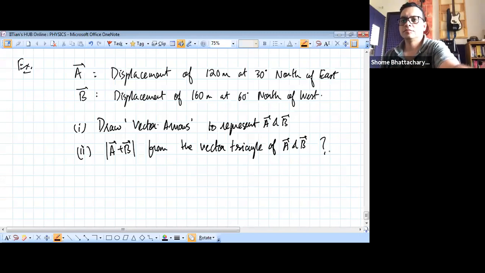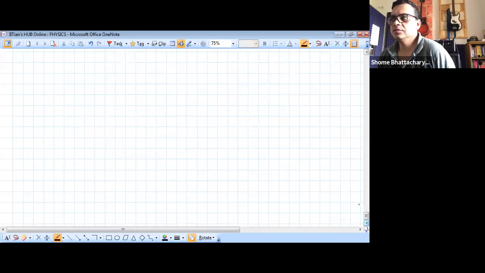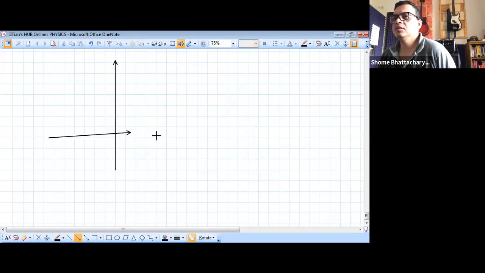Okay, so let's understand this diagram. Yes, that's correct, Kshitij. So suppose this is my north, south, east, west axis.